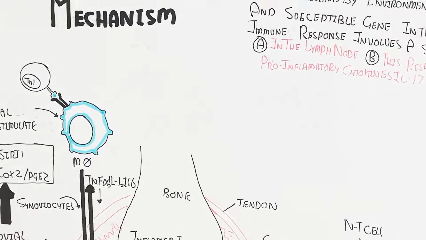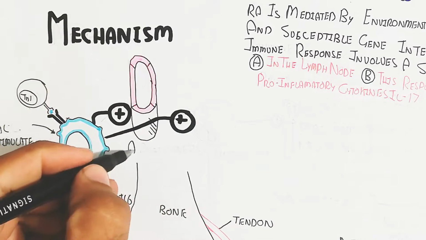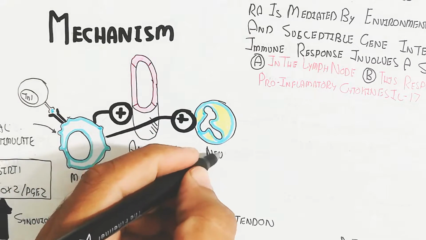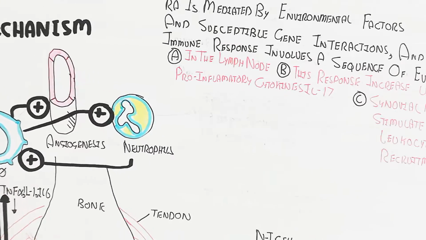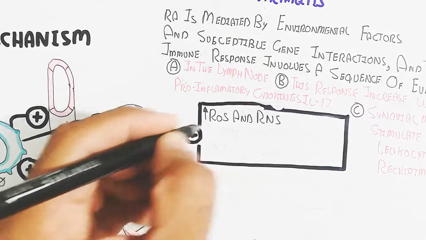This will lead to stimulation, and in this way it is produced from the synovial fibroblast. Remember, it will recruit the macrophage and other cells.